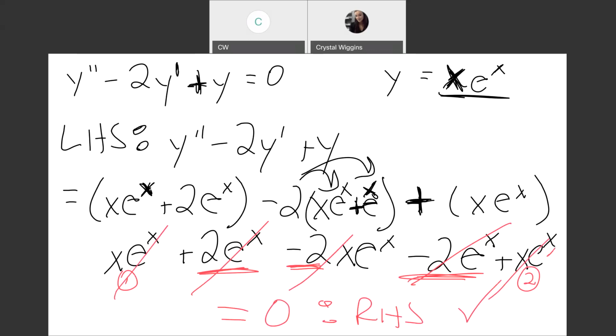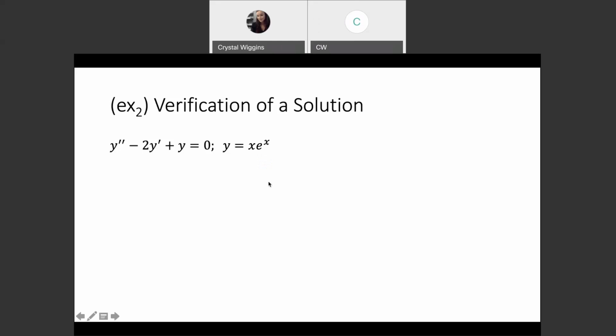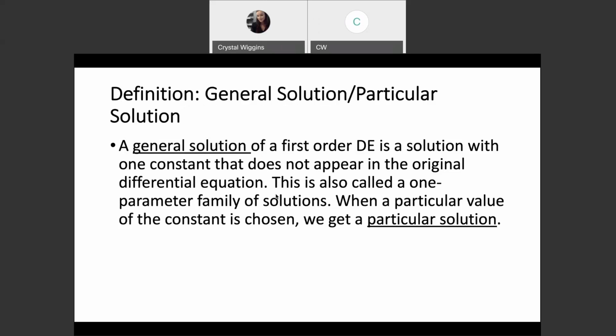Okay, now let's go back to our PowerPoint. This is the example we just worked out. Definition of a general solution versus a particular solution. A general solution of a first order differential equation is a solution with one constant that does not appear in the original differential equation. This is also called a one-parameter family of solutions. When a particular value of the constant is chosen, we get a particular solution.